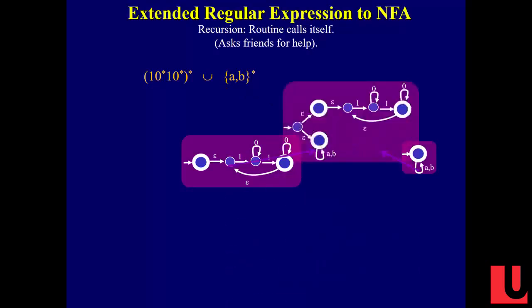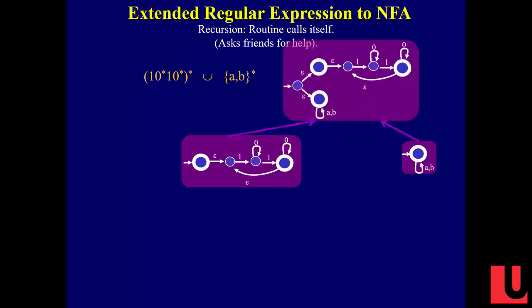And now this guy at the top says, I have an NFA for this and an NFA for this. How do I get an NFA for the union? I just have an epsilon transition to get me my union. Everybody remember that? So we can see how we use recursion here.